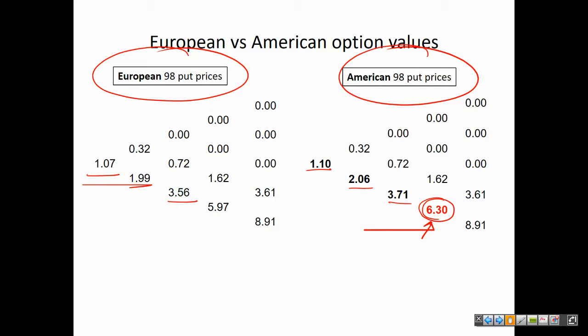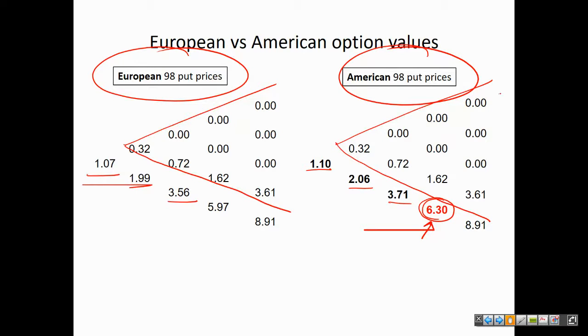Whereas in all the regions of the tree in which there is no early exercise, you have exactly the same values.